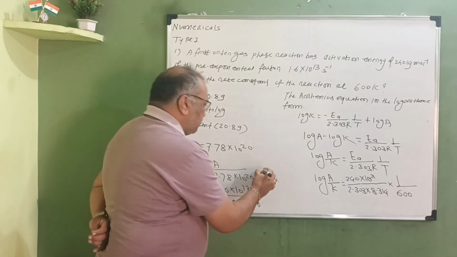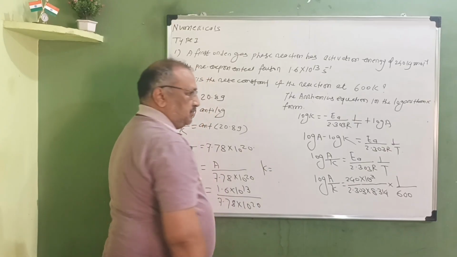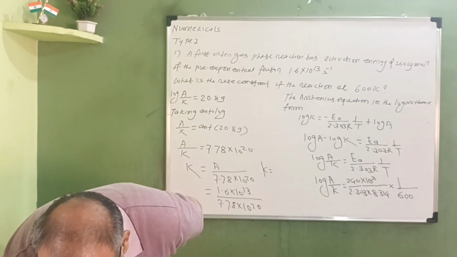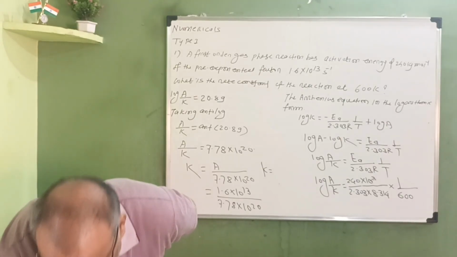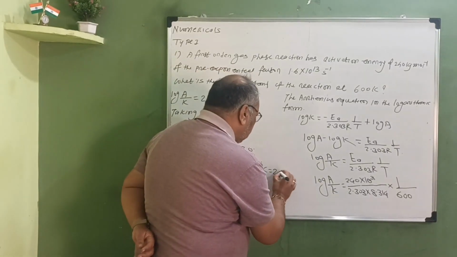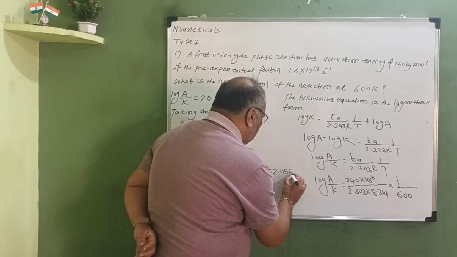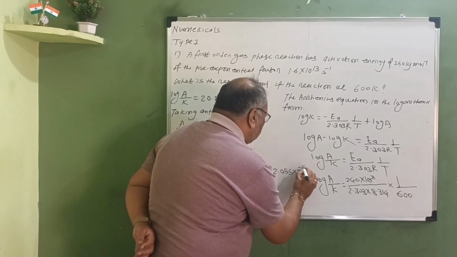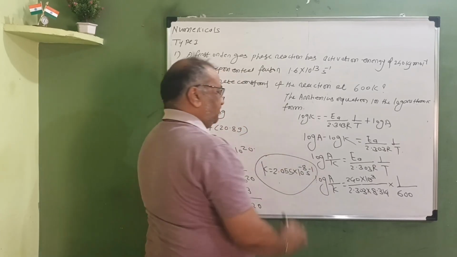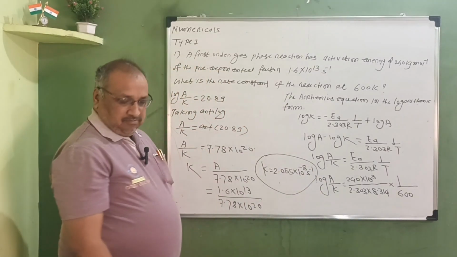Here answer of K is 2.055 into 10 to the power minus 8 second inverse. This is the answer of K.